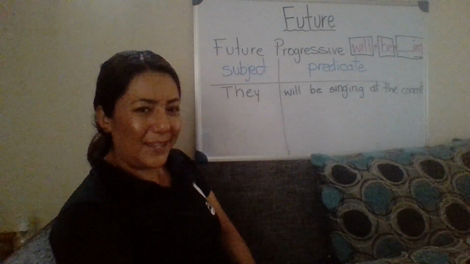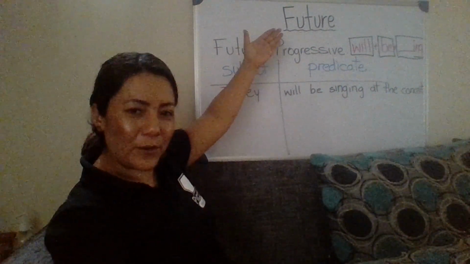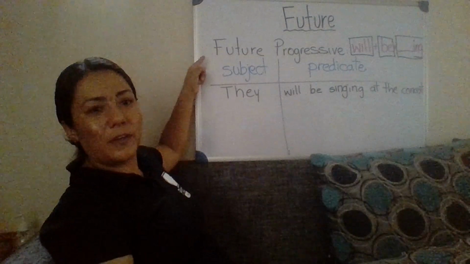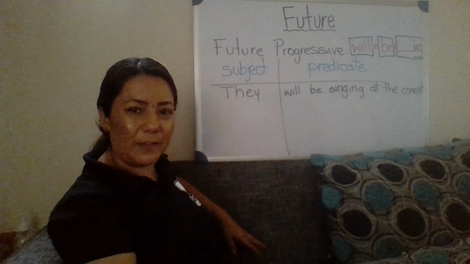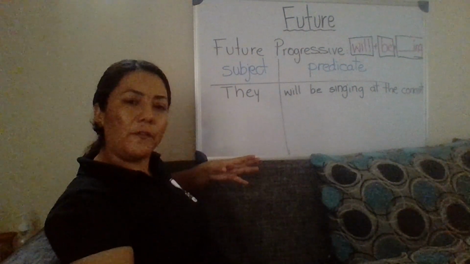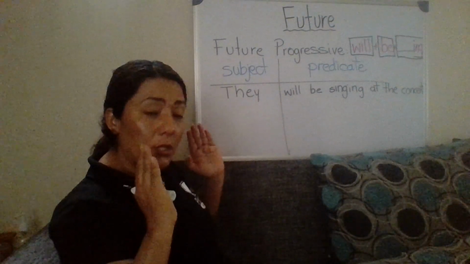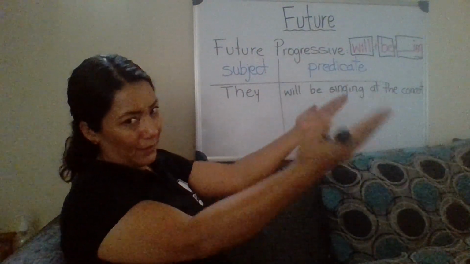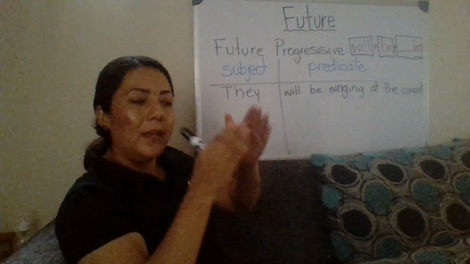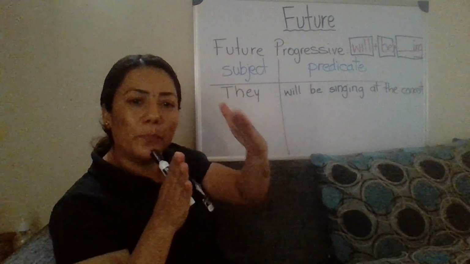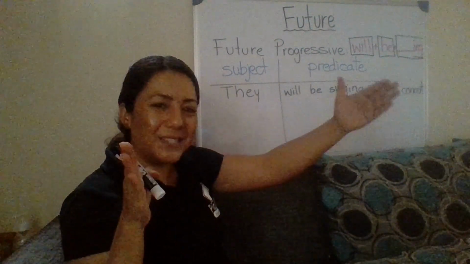Now, okay, still in future, now let's review future progressive. Future progressive is an action that will happen in the future, but it will be in progress for a certain time.